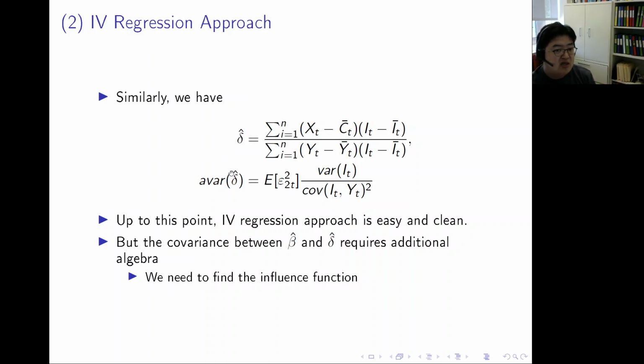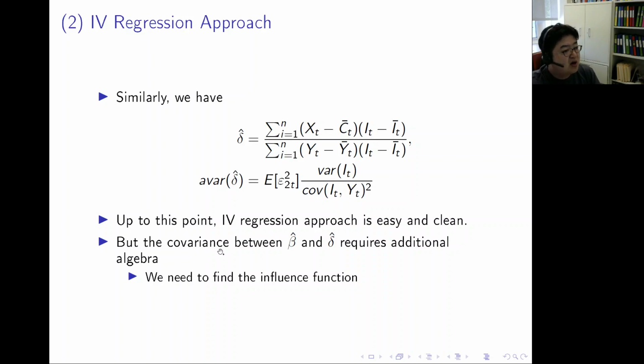But in the end, we would like to test whether beta and delta are the same or not. That means we need to estimate the covariance. We need to consider the covariance between two different equations, but we consider them separately. So that's the limitation. That's why we call this the limited information approach.